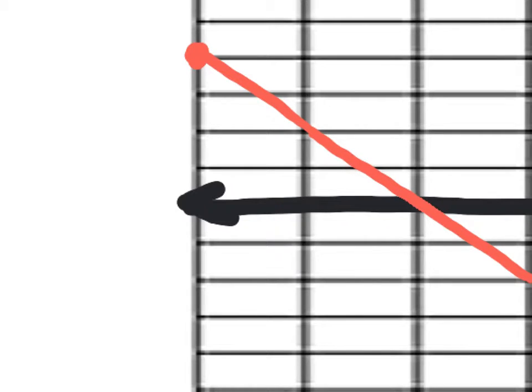And how long does it take? Well, it takes 3 units of time, if we're going to call the x-axis our time axis. So we might say that it's decreasing by 6 in 3 units of time.